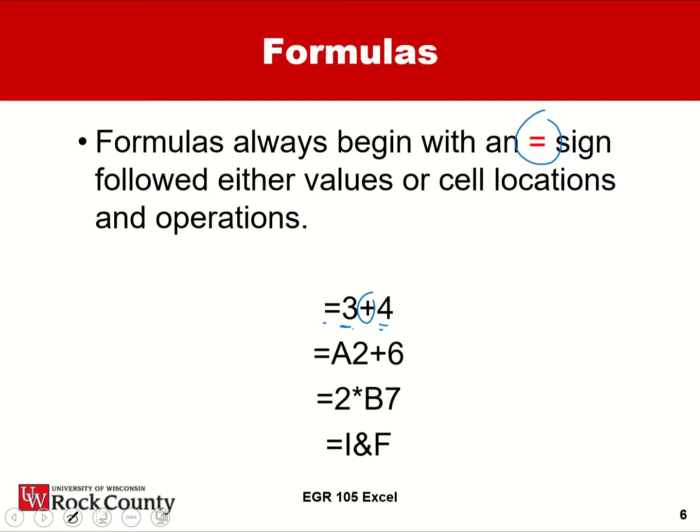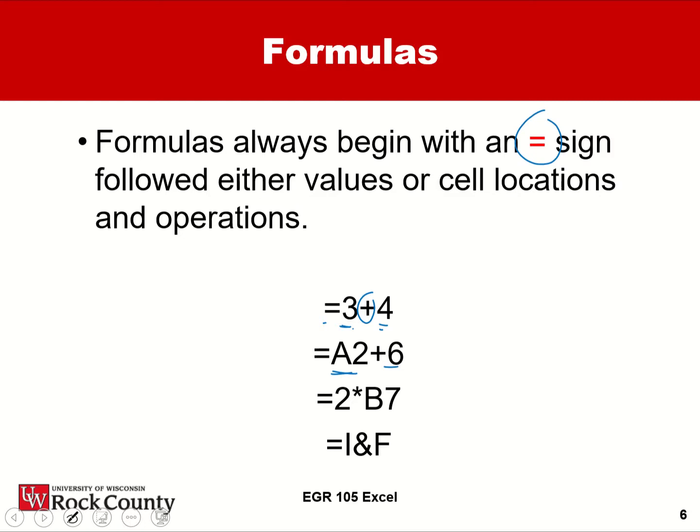The next one has equals, and it has some cell location, A2. So it's going to go into the cell location A2 and find out what the value is there and add to it the value of 6. So whatever cell A2 has a value of 1, it will be 7. Or if it's 2, it will be 8, and so on and so forth.